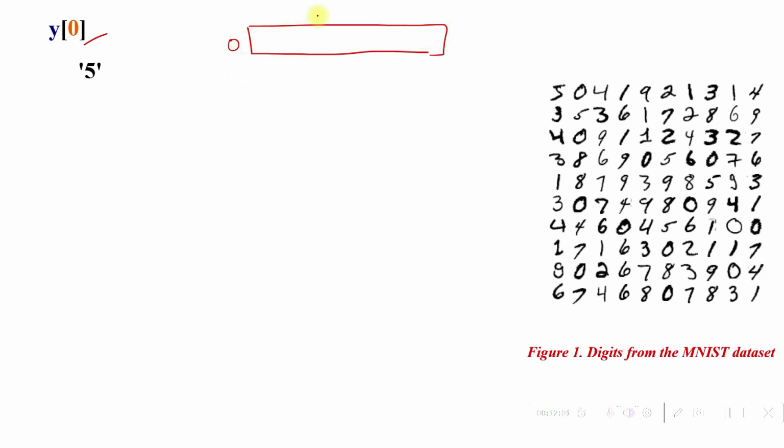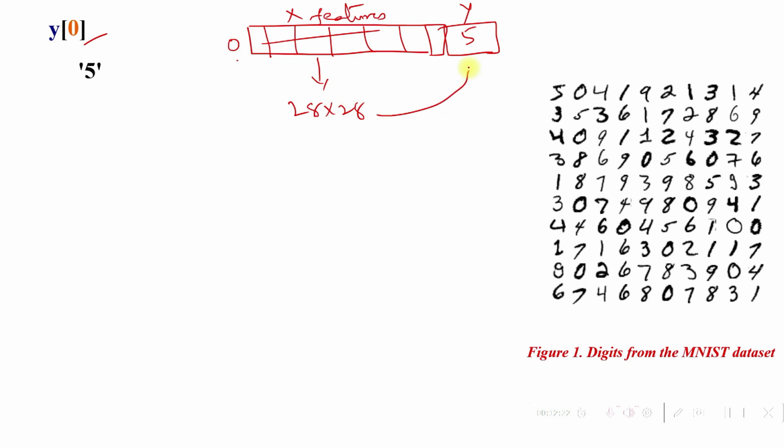These are the features, and the corresponding target variable is 5. That means this is y and this is x. In x we have all 784 features of the 0th instance, which are converted into a 28 by 28 image, and the corresponding class label is 5. The label is the string 5.